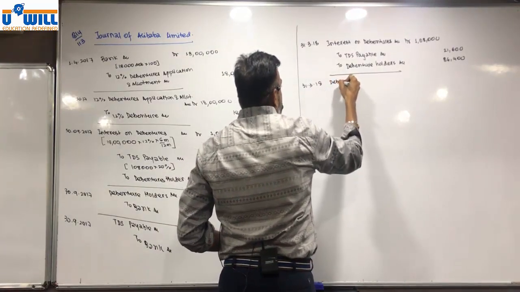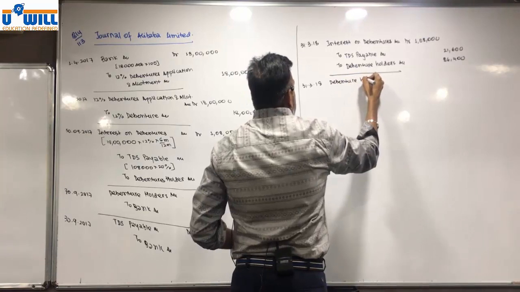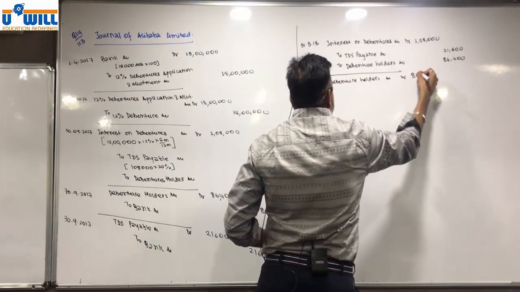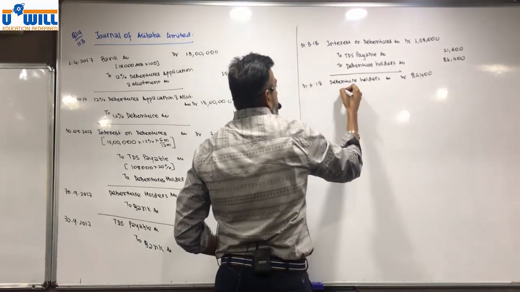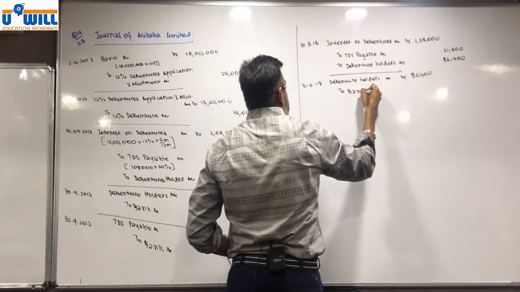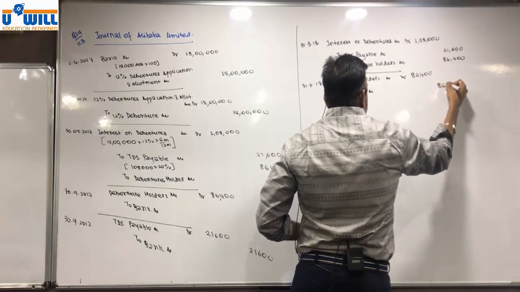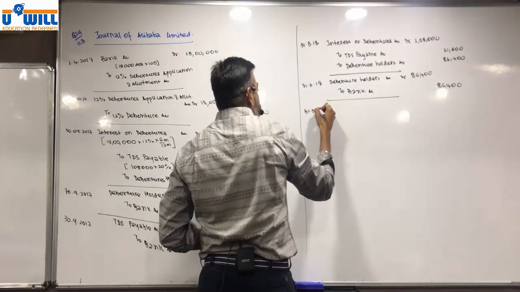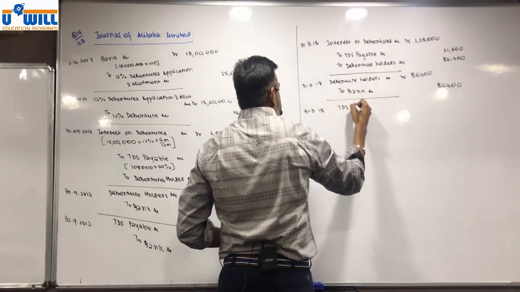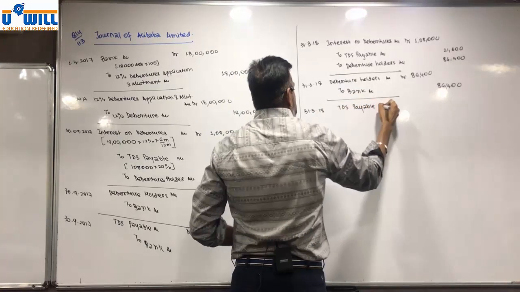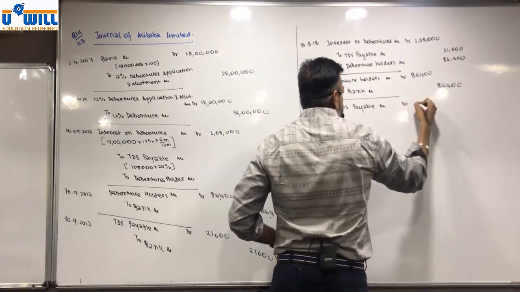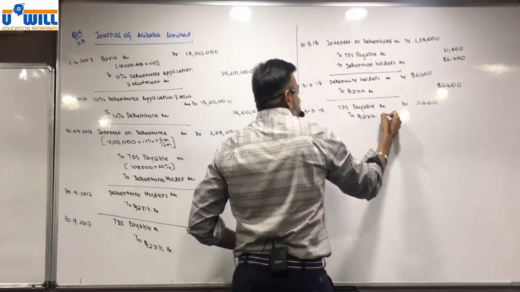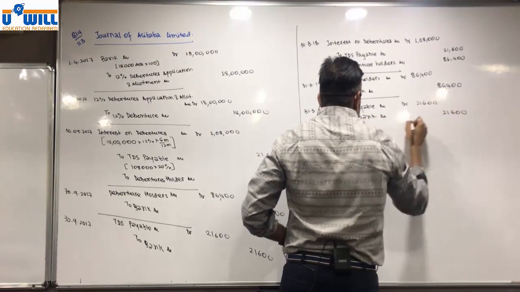So debenture holder account debit 86,400 to bank account 86,400. 31/3/2018 TDS payable account 21,600 to bank account 21,600.